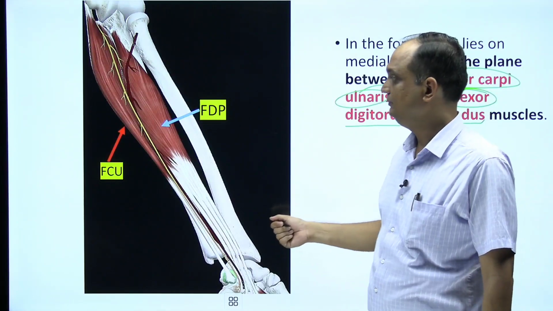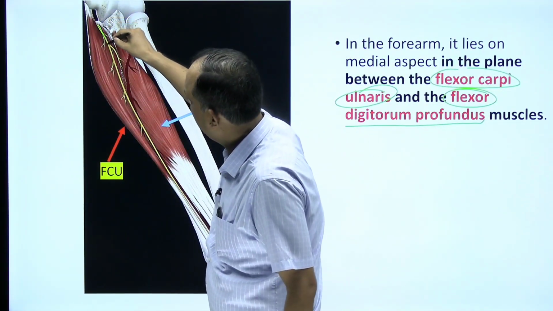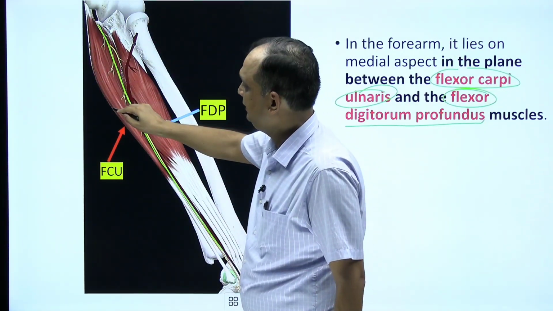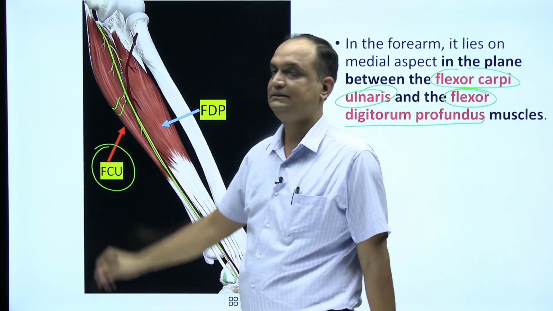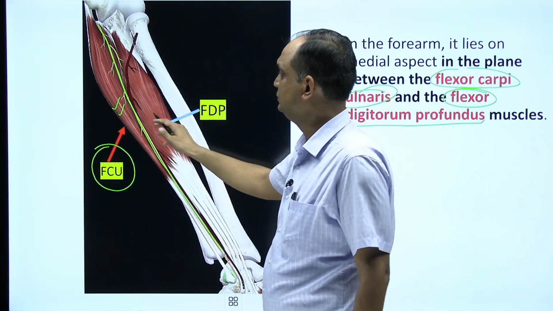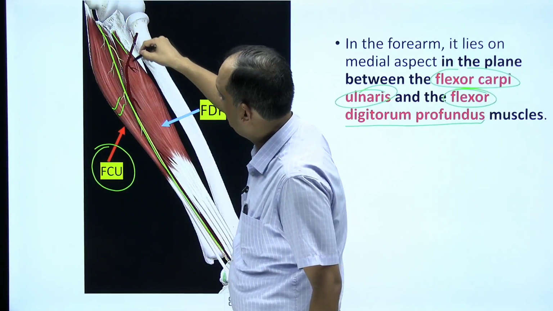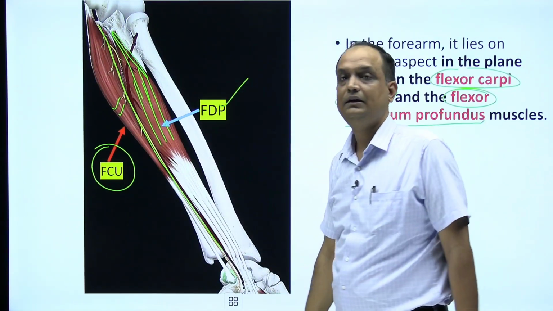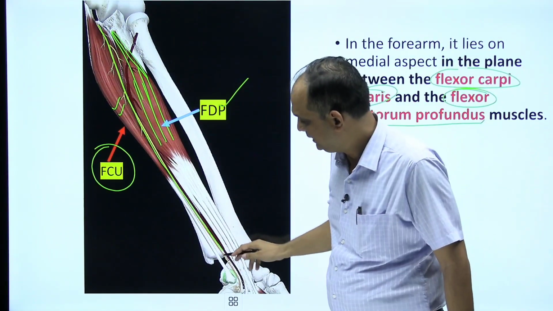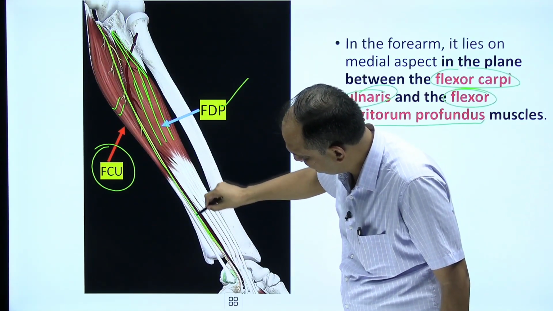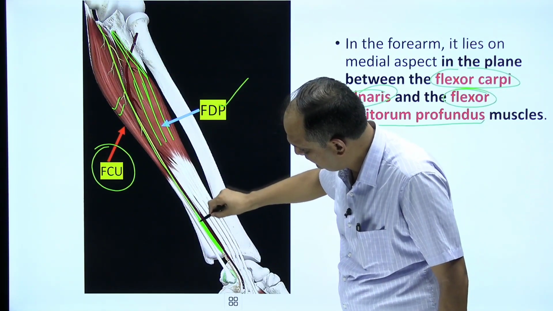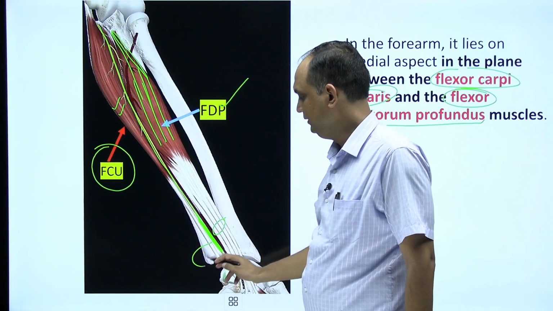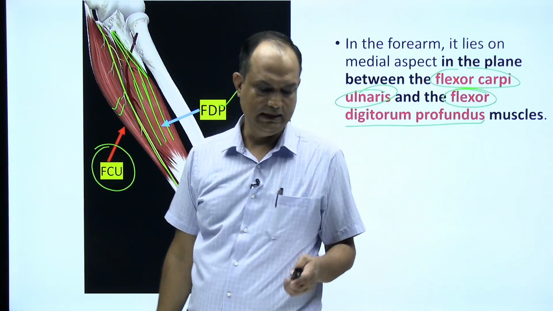So, in this diagram, you can see that this is your ulnar nerve, and this nerve is going downward vertically, and here you have the medially placed flexor carpi ulnaris, and just next to this you have the origin from the ulna, and the major muscle arising from the ulna is flexor digitorum profundus. In the lower part of the forearm, this ulnar nerve lies between the tendons of flexor digitorum profundus and the flexor carpi ulnaris tendon.